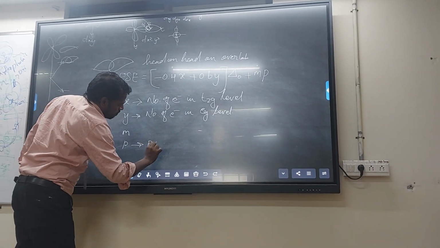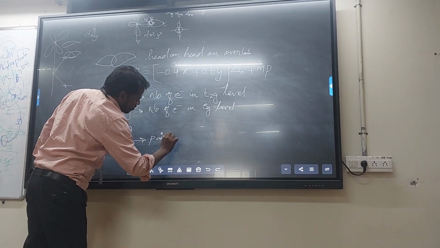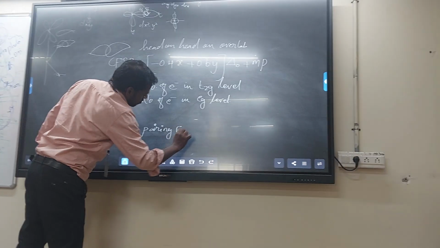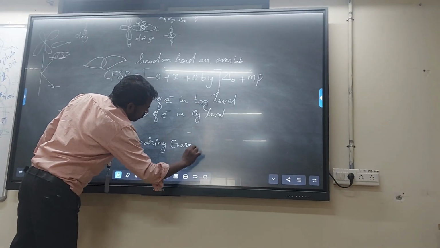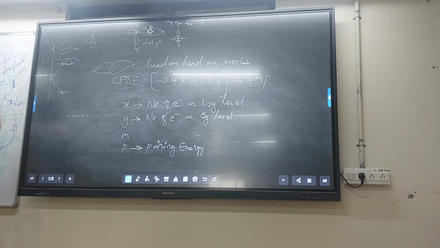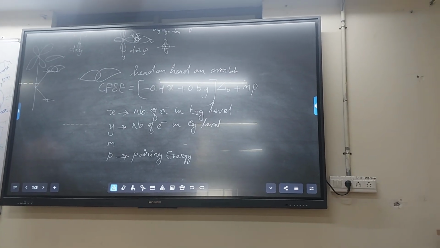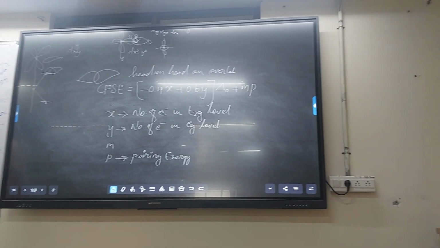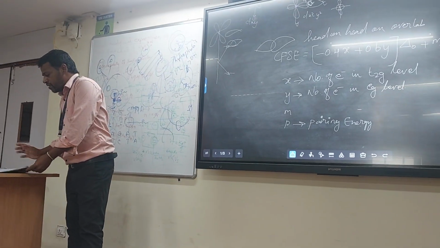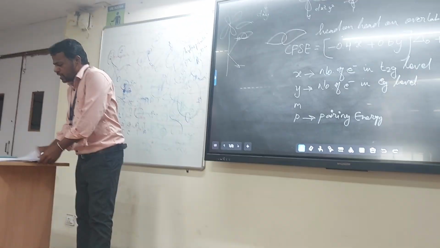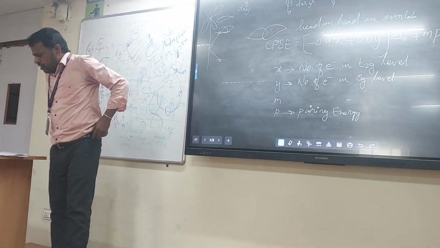P is the pairing energy. M is the number of paired sets of electrons. Okay, how many paired sets of electrons. When we come to the discussion, that time I will explain very clearly what is a paired set of electrons. Okay.